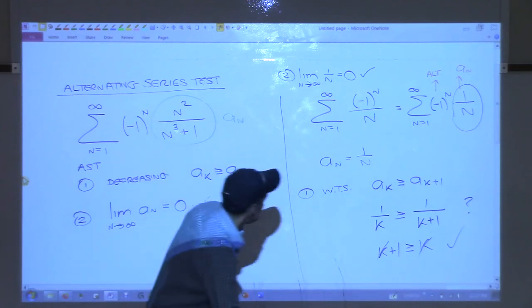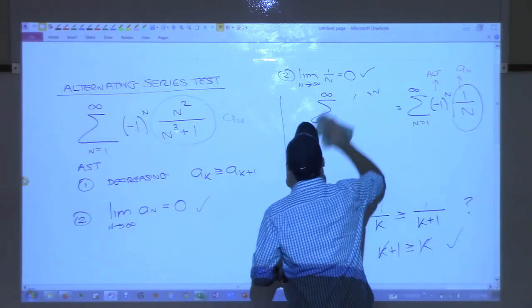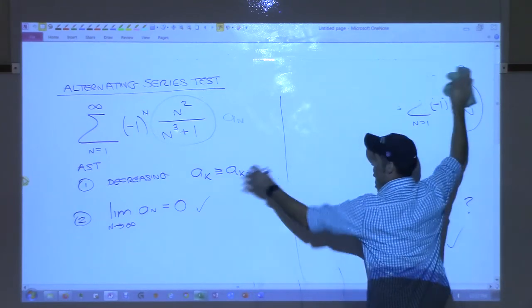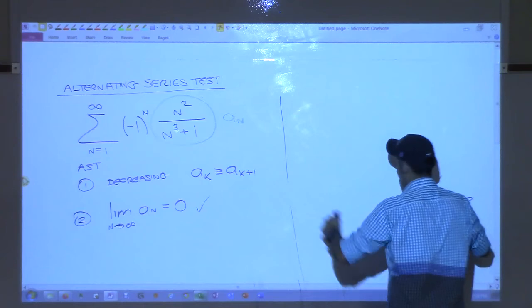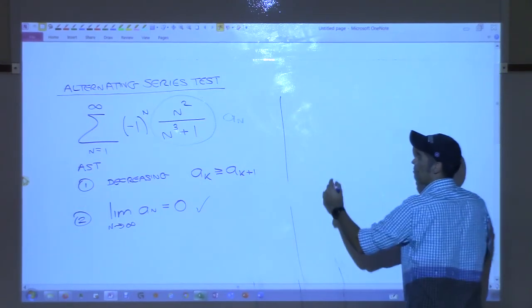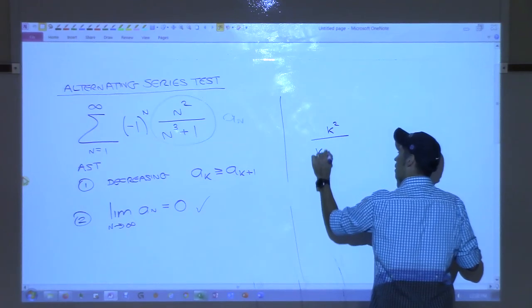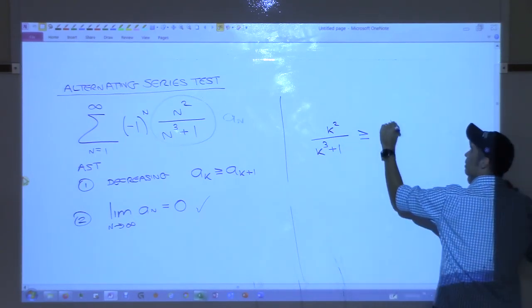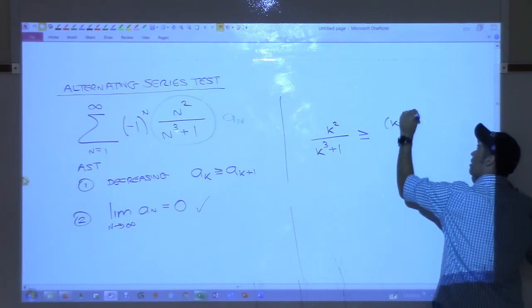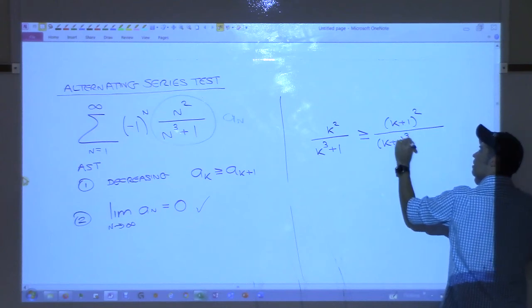What are our two options when it comes to showing a sequence is decreasing? We can just go straight after the inequality. What would that inequality look like if I tried to set that up right now? k squared over k cubed plus 1 must be greater or equal to k plus 1 squared over k plus 1 to the third plus 1.